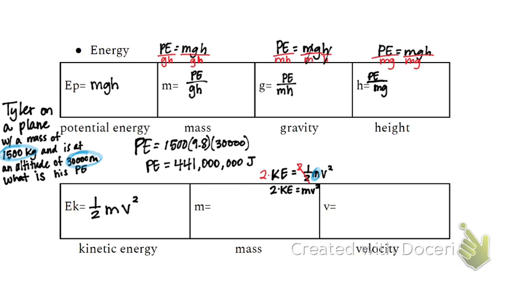What is the v doing to the m? It's multiplying still. So I still need to divide. What needs to be divided? Velocity squared. It gets to take the second power with it. So then mass is just 2 times kinetic energy divided by velocity squared.